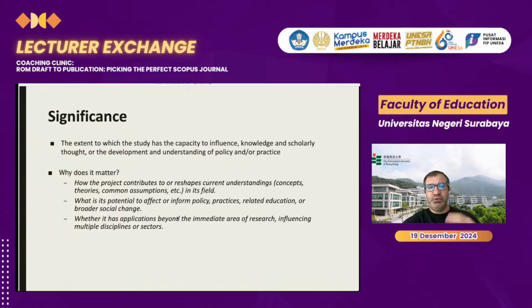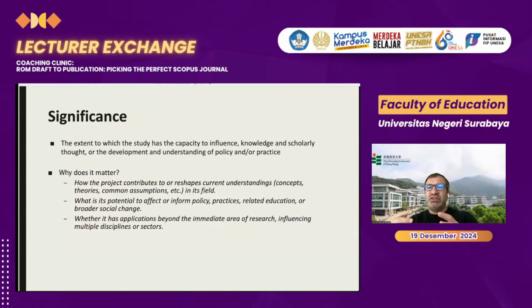So how the project or the paper contributes to current understandings, what potential it may have to influence policy and practice, how it has applications beyond the research, and how it may have implications for different disciplines, for practitioners, for policy makers, etc. Those show the significance, and most of the time you need to highlight them in the discussion part.